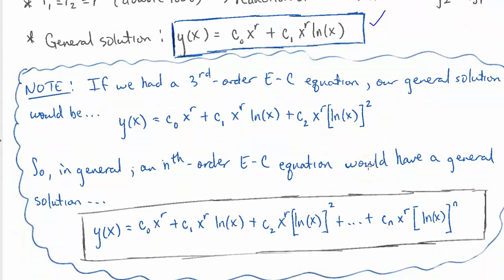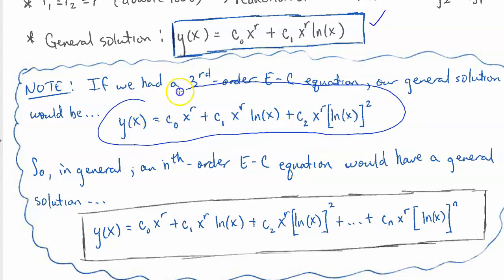Now, I threw this note in just because it is useful if you have to deal with higher order Euler-Cauchys. If we had a third order Euler-Cauchy of this particular type, a case 2 type, then of course we could come up with a general third order indicial equation and a general solution by basically doing this.